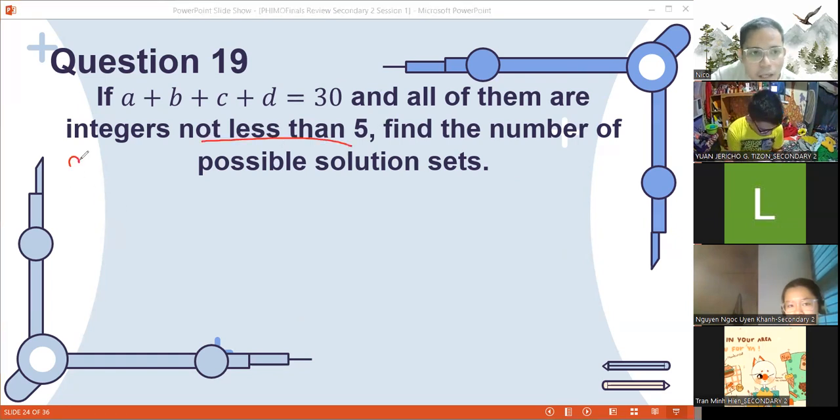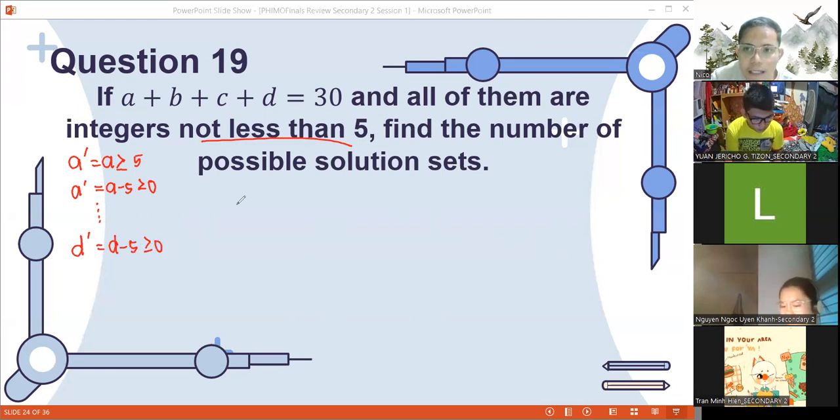So let's say we use A prime, where A is greater than or equal to 5. So we have here A minus 5 is greater than or equal to 0, right? So on and so forth, your D prime is also D minus 5 greater than or equal to 0.